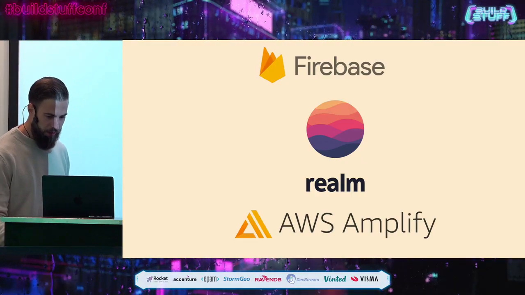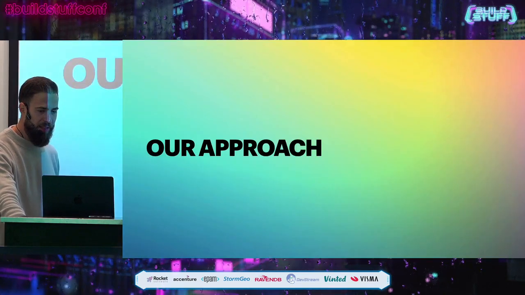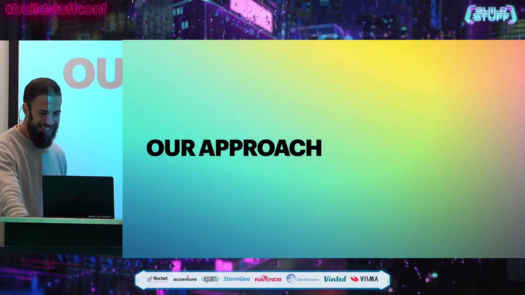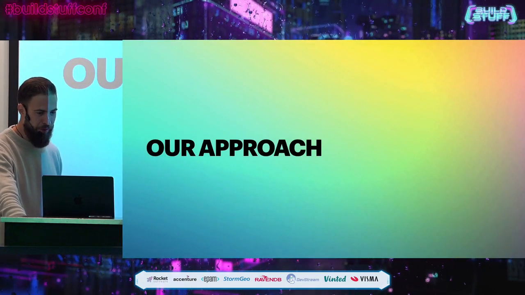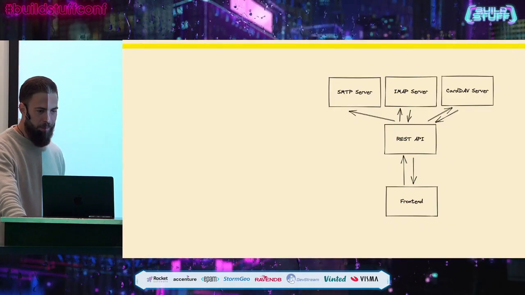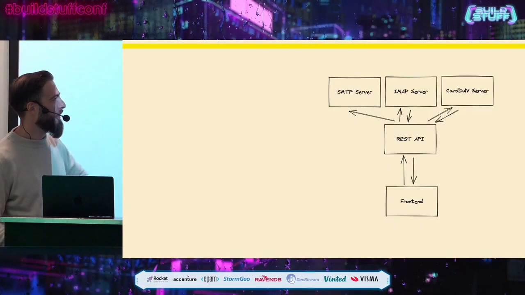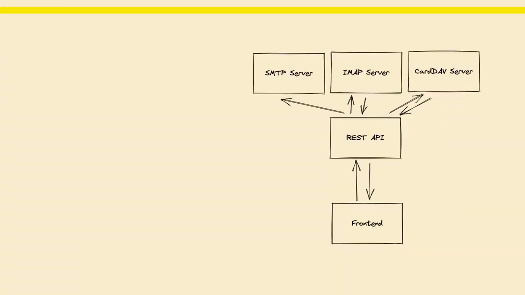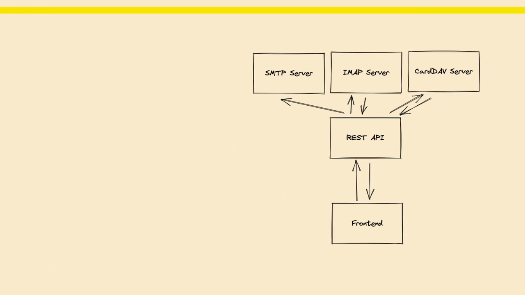Now, the approach that we went with is kind of different. This is a simplified architecture that we are using. We have our front end, our web application that just communicates with the REST API. And the REST API is more or less just a proxy for email servers, Stalwart servers behind it, right?